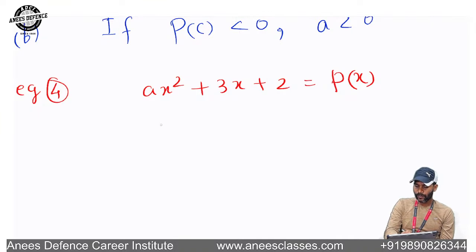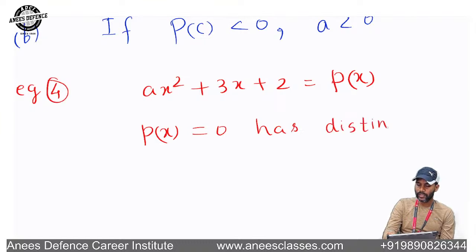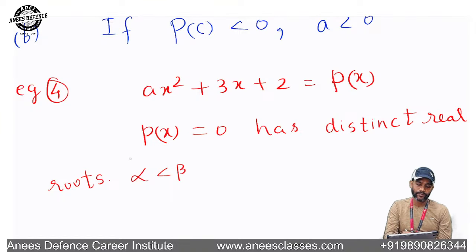Now, p of x is equal to 0 has distinct real roots, let's say alpha and beta, where alpha is less than beta.